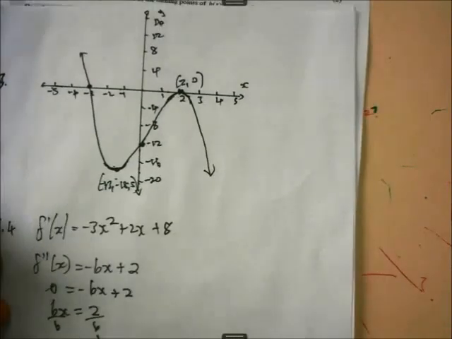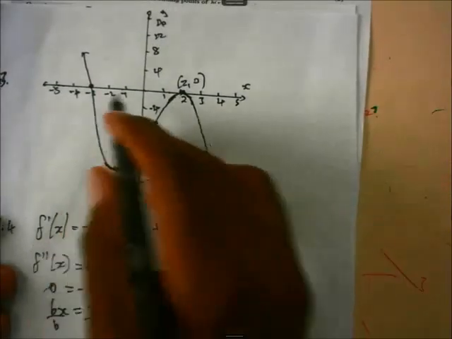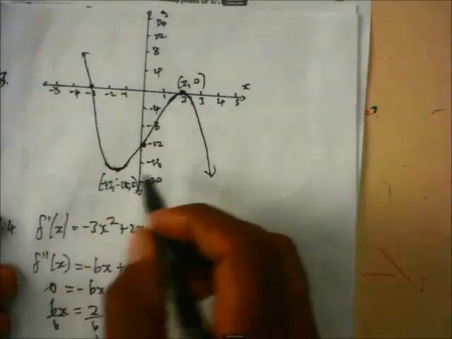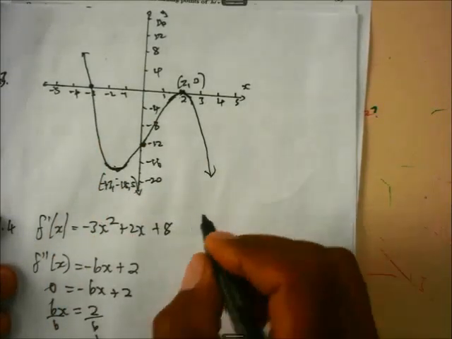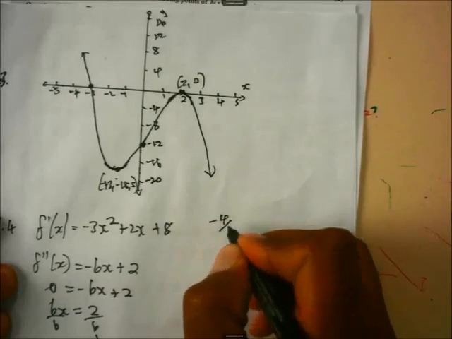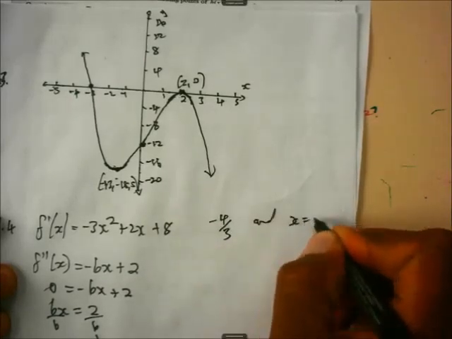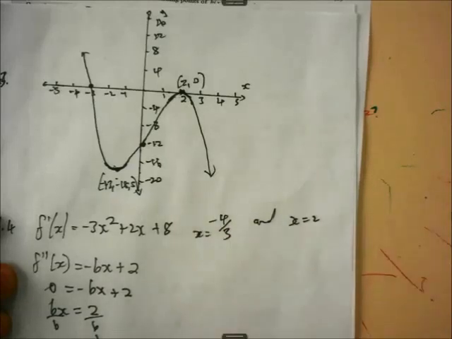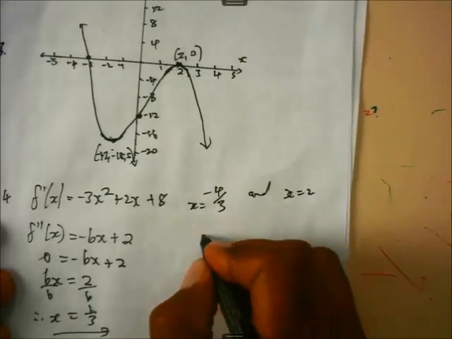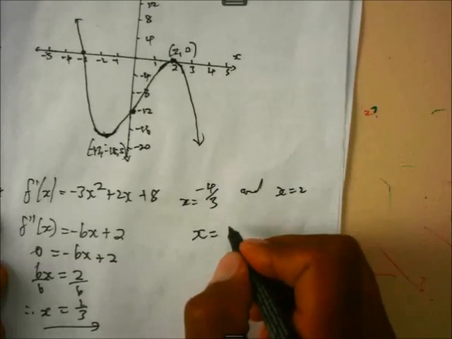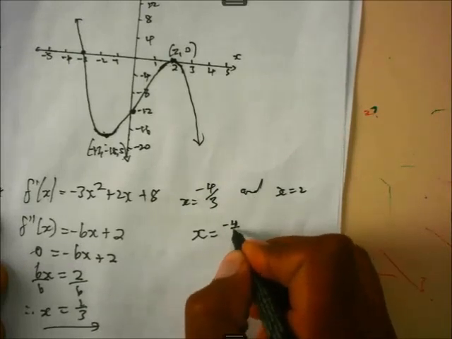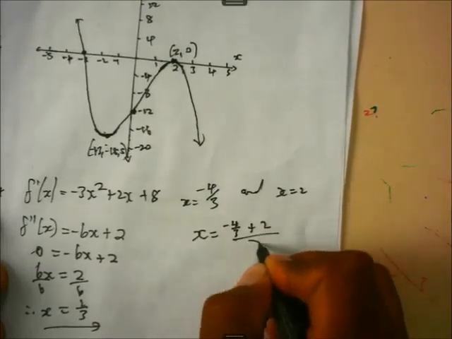And then the other option I said, you remember, we have the x values at the turning points, right? The first one is minus 4 over 3, and the other one was x is equal to 2. This is our x values at the turning points. I said you can also use the two to say x is equal to, you add the two, minus 4 over 3 plus 2, then divided by 2.